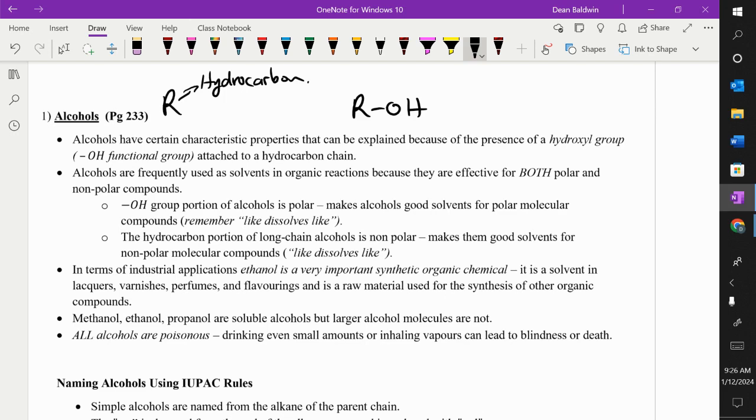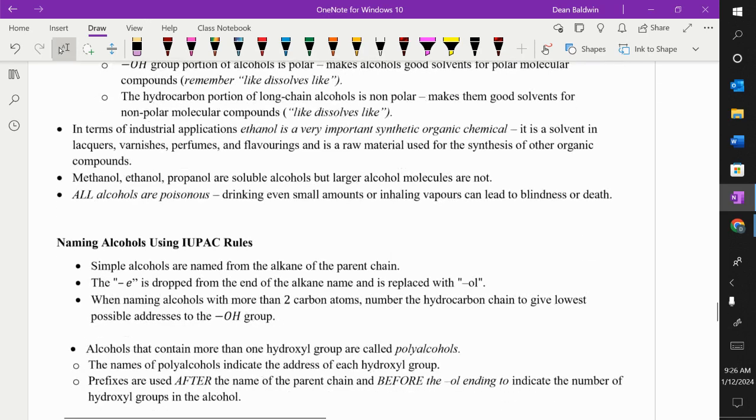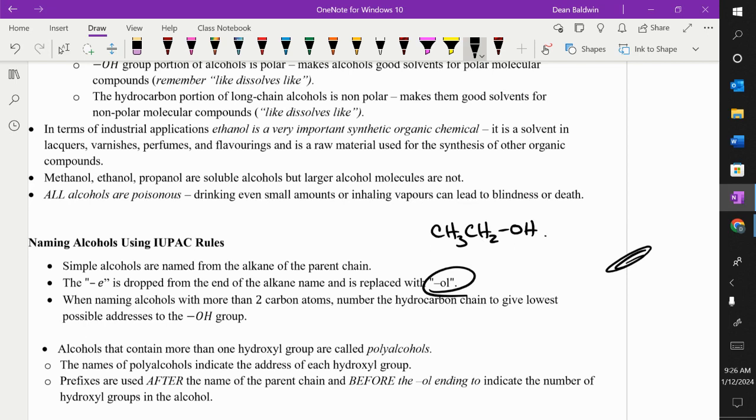So the ending, I'm not going to expect you to know this. You change the ending to OL. So if you have CH3, CH2, OH, what's the parent name?